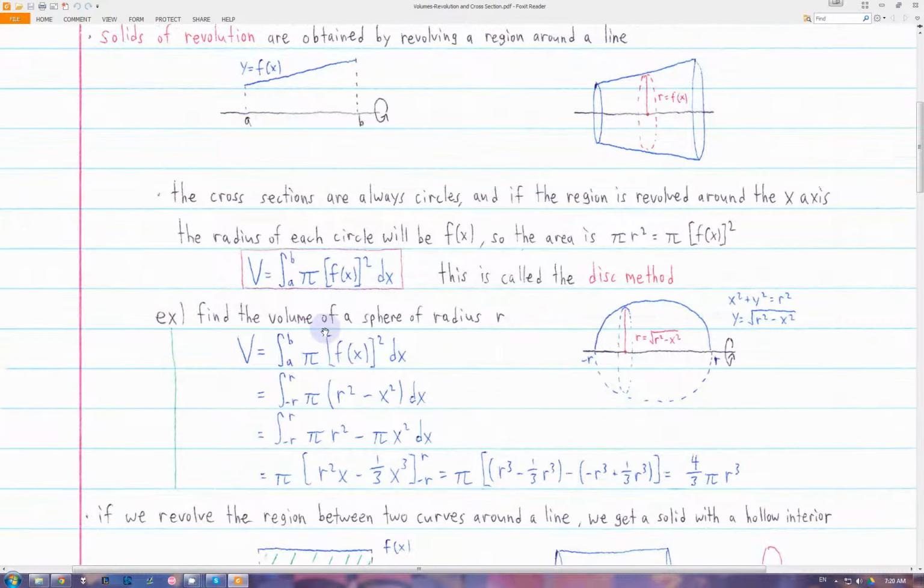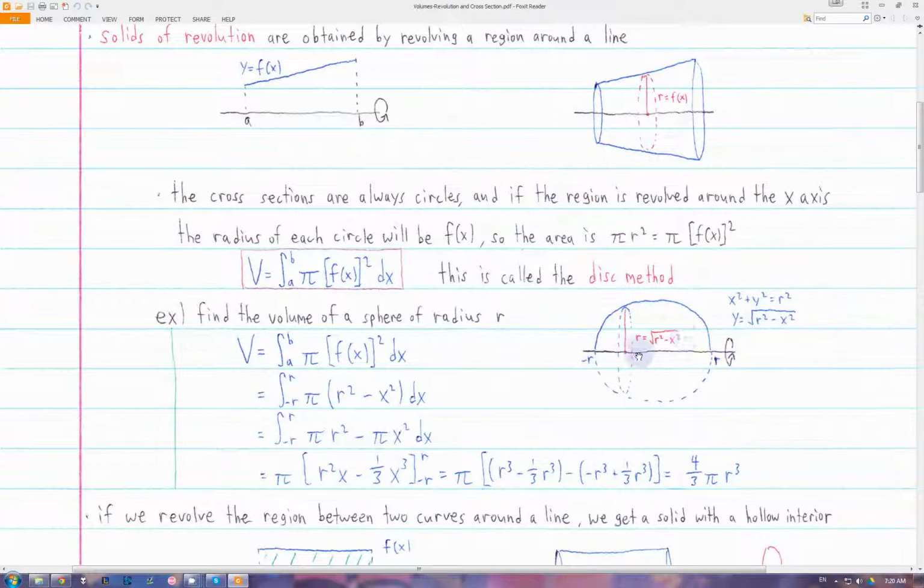So we can use this to find the formula for a volume of a sphere of radius r. So we can draw a semicircle, and then if we revolve this region around the x-axis, we'll get a sphere. So this equation of a circle is x squared plus y squared equals the radius squared. So the equation of this semicircle is y equals square root r squared minus x squared.